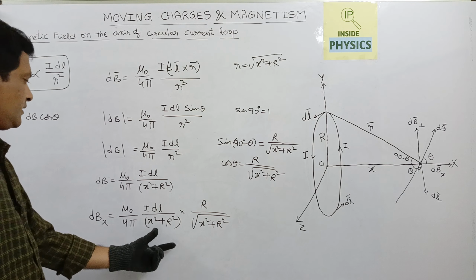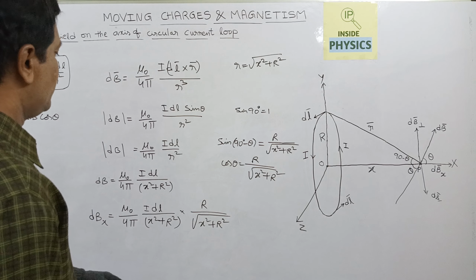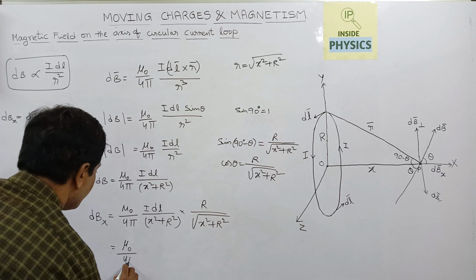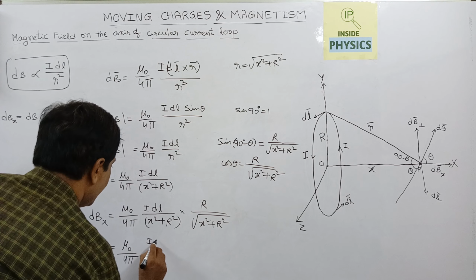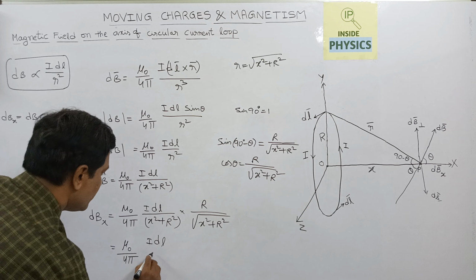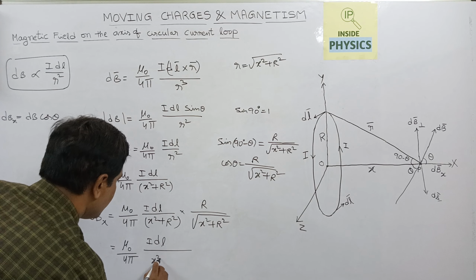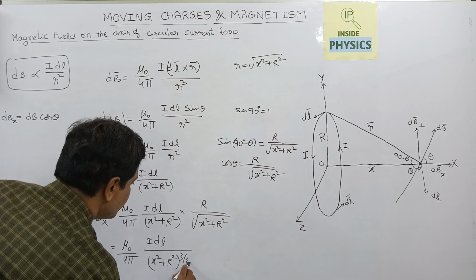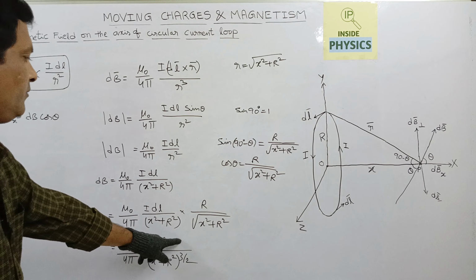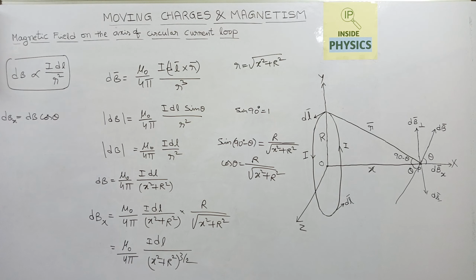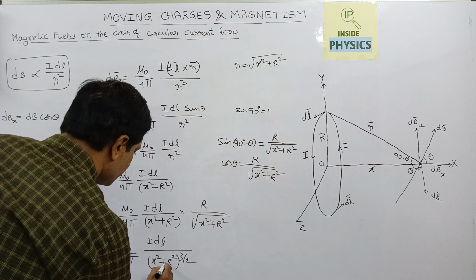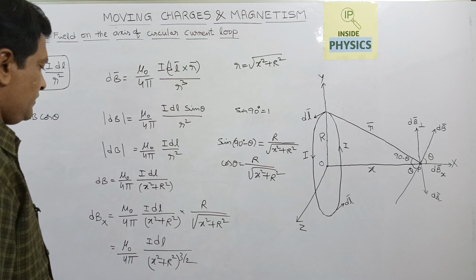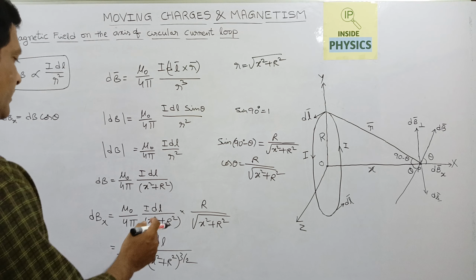With this equation we can write the next step as mu naught by 4 pi, which is always a proportionality constant, I dl by x square plus r square whole power 3 by 2. 1 plus 1 by 2, I have written x square plus r square whole power 3 by 2, and there is an r here.